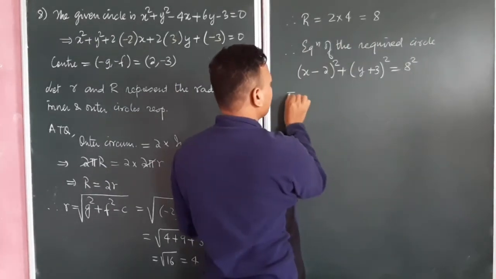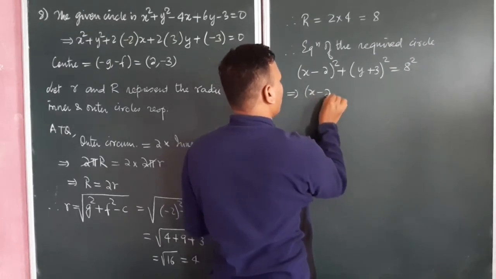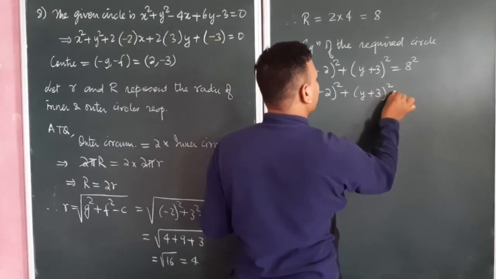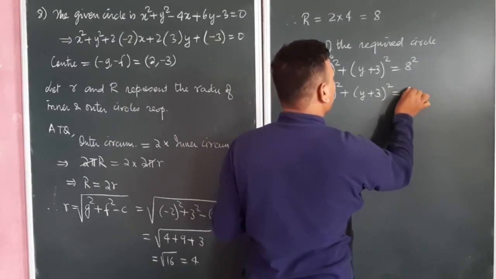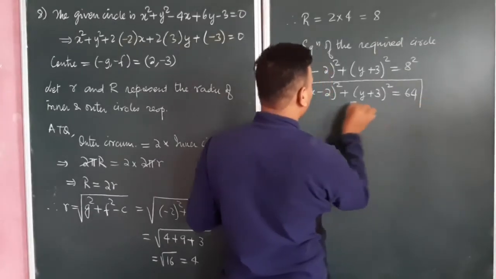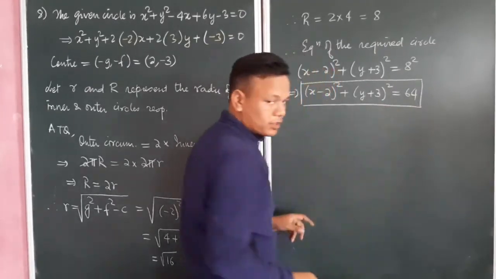So this is actually (x - 2)^2 + (y + 3)^2 = 64. All right, so this is my first answer.